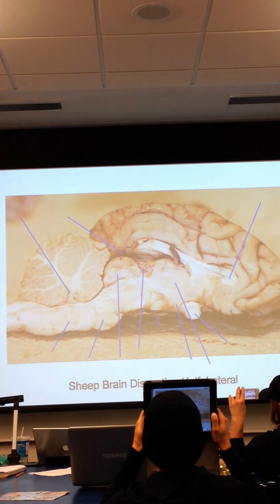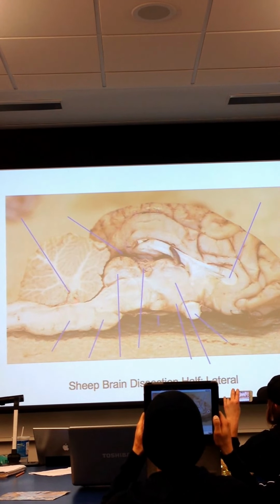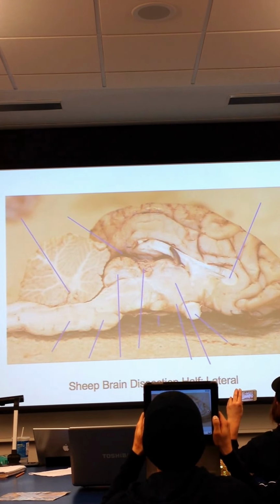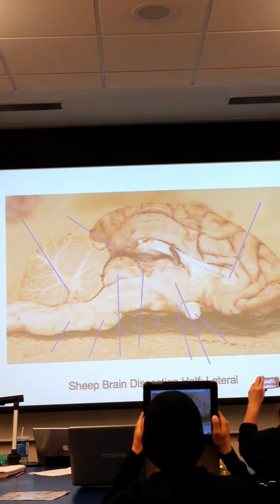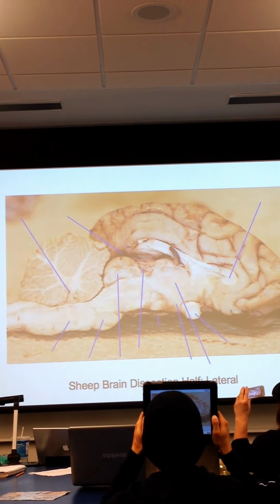All right, half brains. This is the harder part. We start over here. Tell me what this is. The medulla? Or is it the pons? Neither. Fourth ventricle. Oh, it was close.